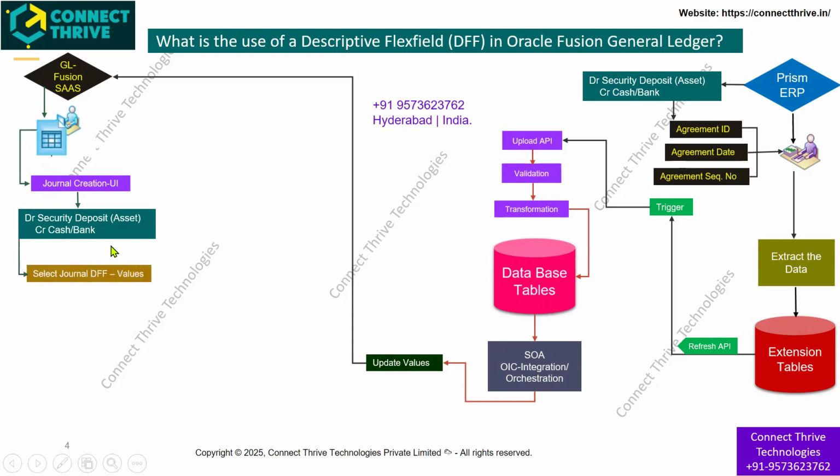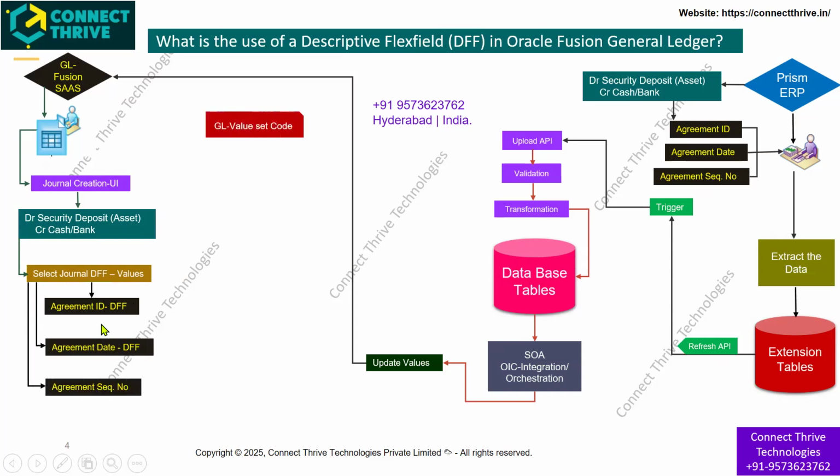So now the entry is coming to our GL model, it is okay. But they want to capture this additional information which was created at the time of the security deposit entry in the Prism ERP application. To capture this information, we will create DFFs.